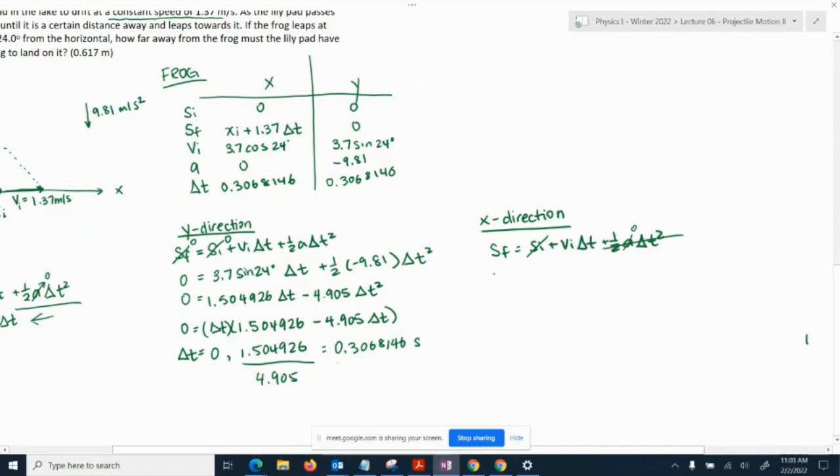So I have S final, which is xi, that's what we're looking for, plus 1.37 delta t equals V initial, which is 3.7 cos 24 degrees delta t. And I'm solving for this xi, so I can bring everything to the other side: 3.7 cos 24 degrees delta t minus 1.37 delta t, and I can sub in my delta t now.